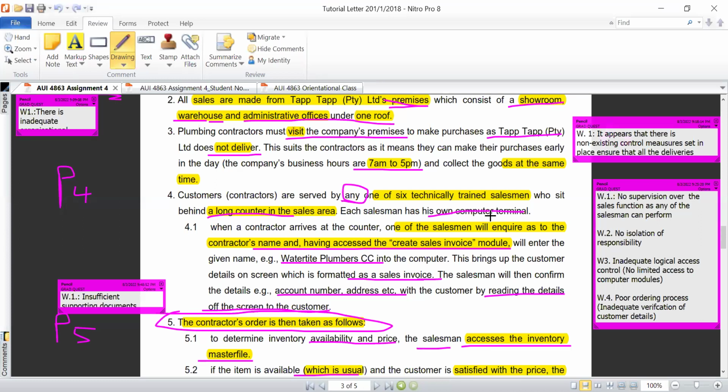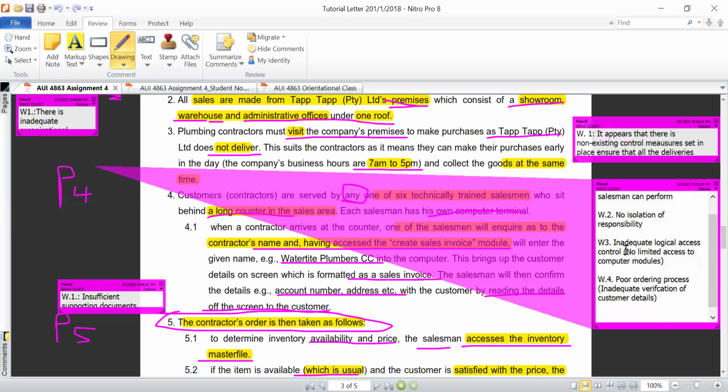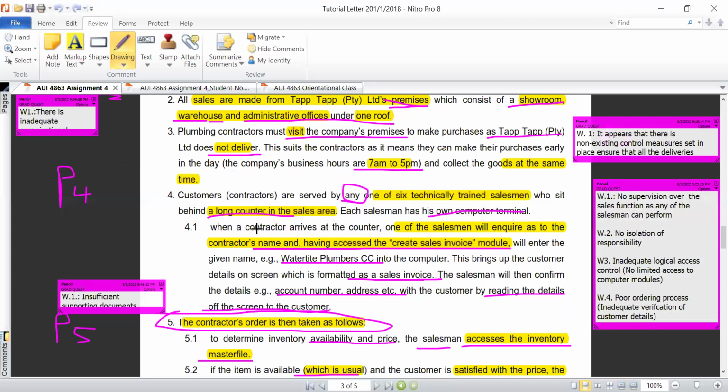That's where fraudulent activity begins to penetrate. But if they are separated, I'm talking of the level of access into the system, if it is limited to certain individuals based on their functionalities, that way you can evade fraudulent activity. There's also poor ordering processes. Why? Because there's inadequate verification of customer details. It's not just supposed to be based on the name of the customer.